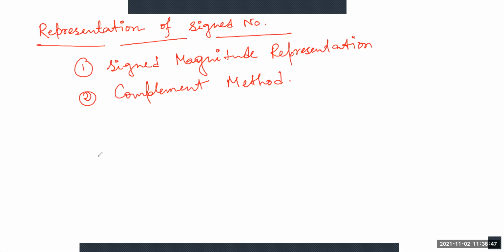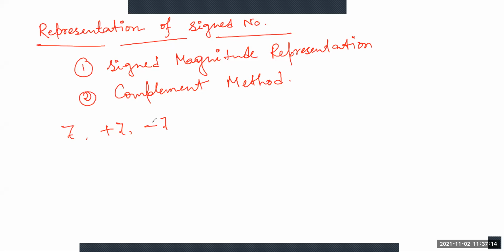So what is signed number? Actually, in digital electronics, if we consider that seven is a number, but +7 and -7, these digits have different significance.